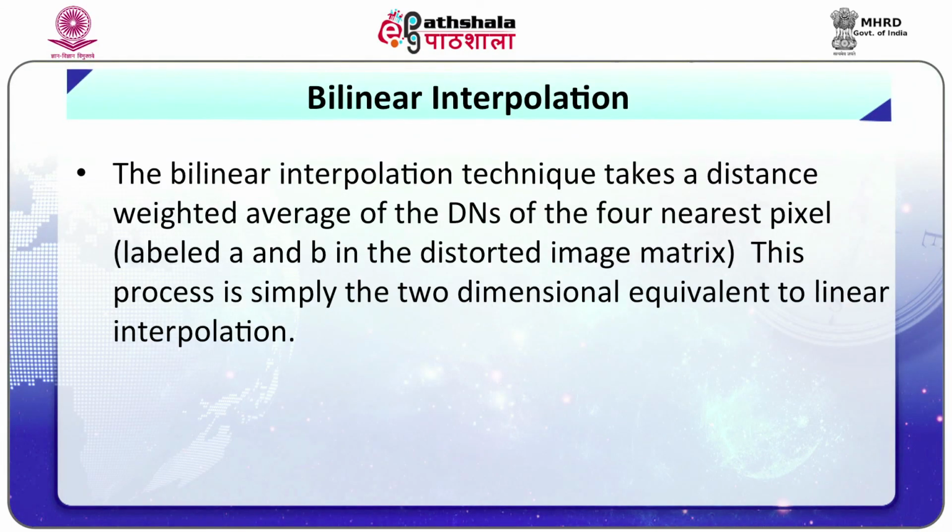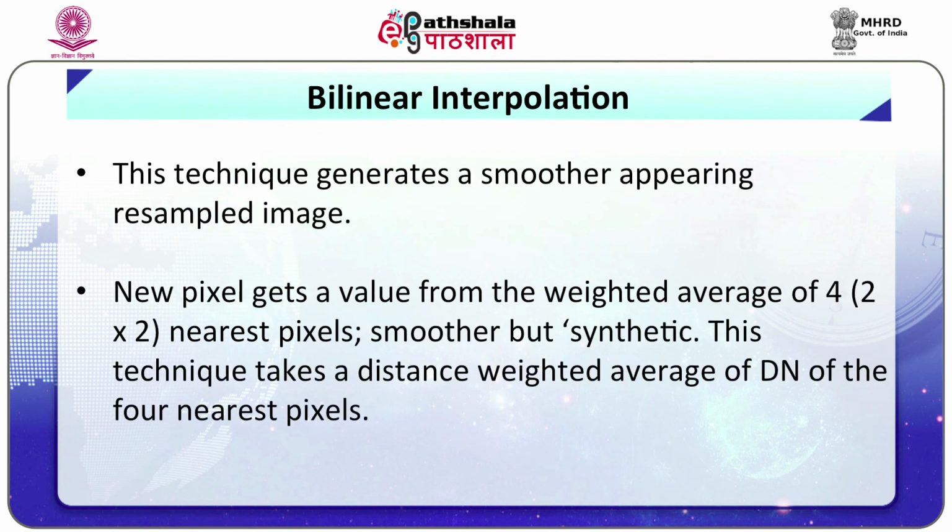Bilinear interpolation. The bilinear interpolation technique takes a distance weighted average of the DNs of the 4 nearest pixels, as seen in figure 19. This process is simply the 2-dimensional equivalent to linear interpolation. This technique generates a smoother appearing resampled image.